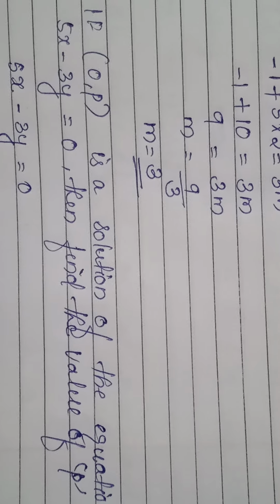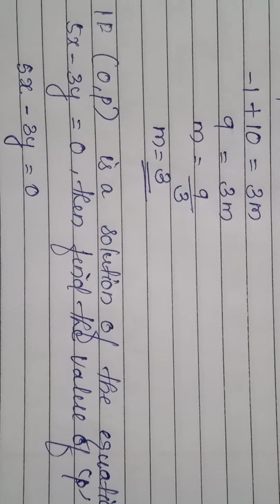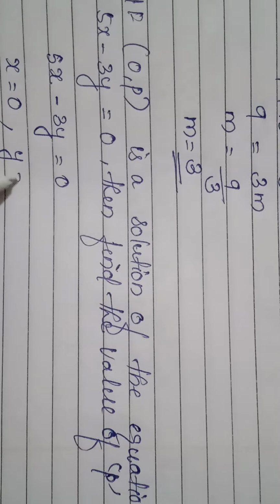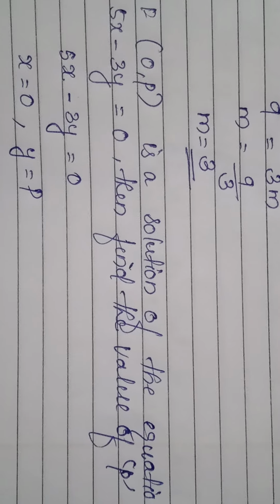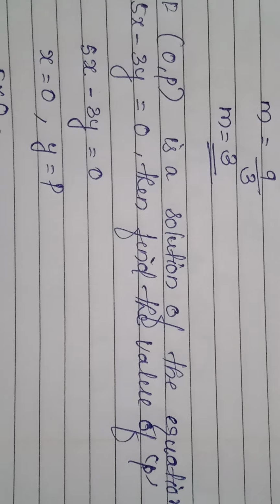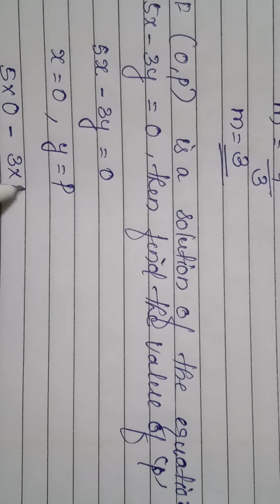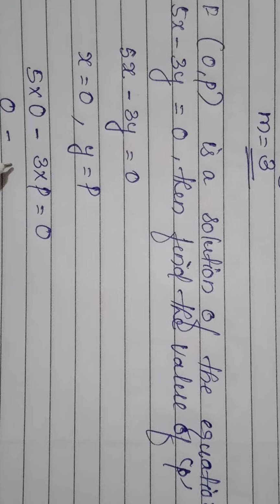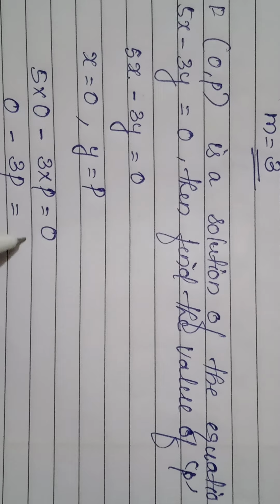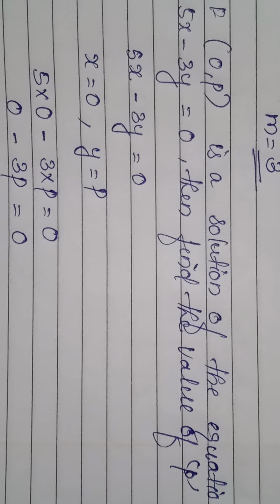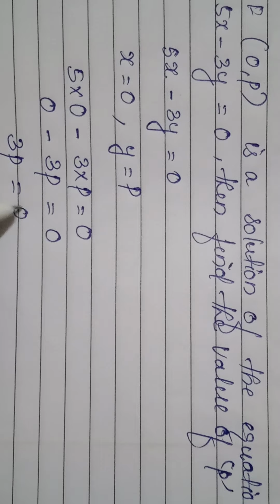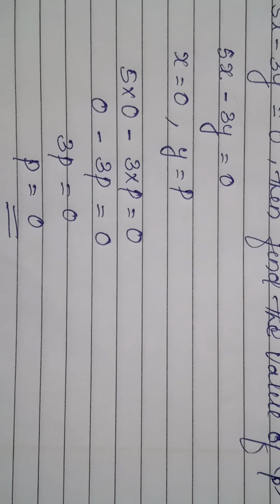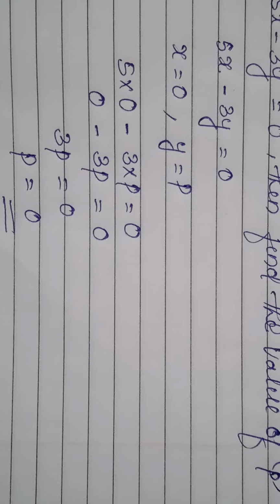Then we should substitute the value of x is equal to 0 and y is equal to P. So 5 into 0 minus 3 into P equals 0. 5 into 0, that is 0, minus 3 into P, that is 3P, equals 0. So we will get 3P equals 0. Then P is equal to 0 only. Understood? In this way we are finding the values.